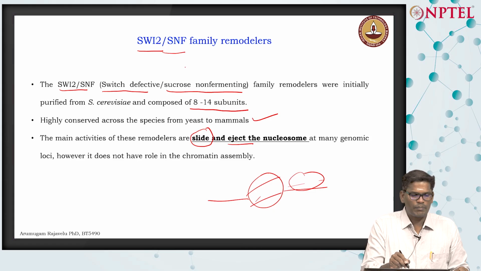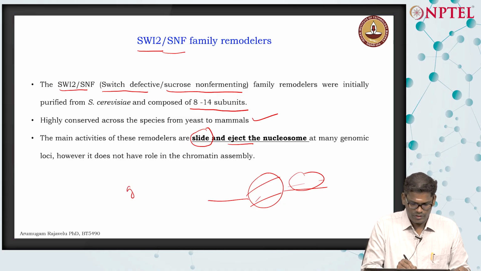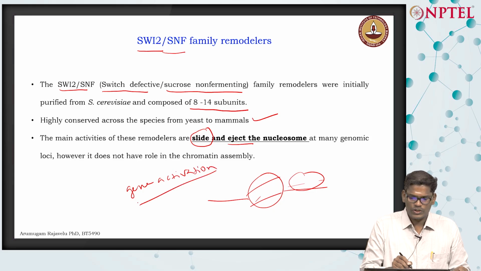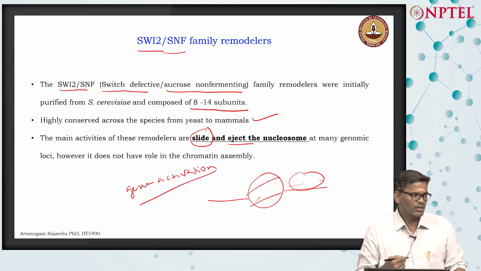So this family primarily takes care of it, mostly involved in gene activation. This SWI/SNF family chromatin remodeler helps to relax the condensed chromatin to euchromatin, or wherever a specific gene needs to be activated, this will come and help for gene transcription.